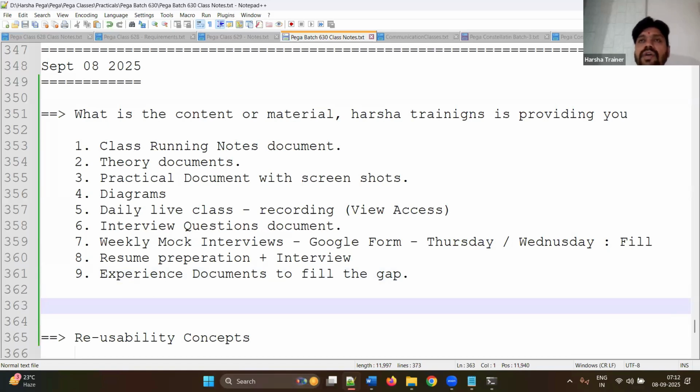And so far, we are done with only 2 regular classes. In session 1, I have told about application and types of applications, the term OOTP and operator ID. Reusability concept is being explained through the application model, and whatever we have discussed theoretically about the application concept, we are done with practical.